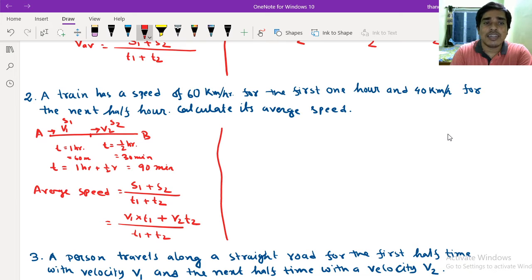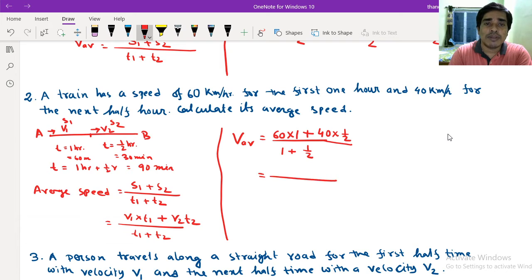Here v1 is 60 km per hour into 1 hour plus v2 is 40 km per hour and time is half hour. Here t1 is 1 hour and t2 is half hour.